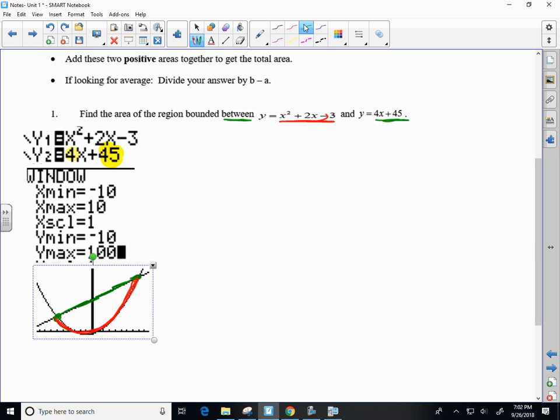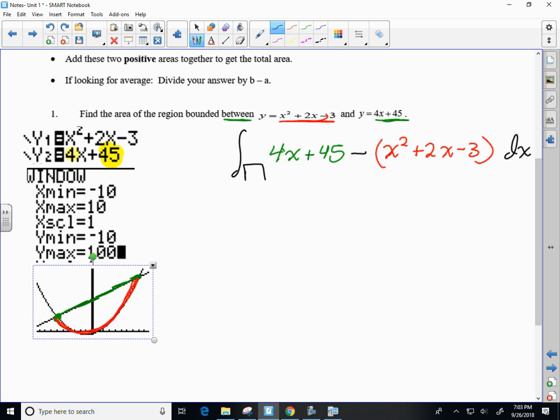So I'm looking for the difference between those y values. 4x plus 45 minus the other one, in parentheses, x squared plus 2x minus 3. I'm going to integrate that with respect to x.